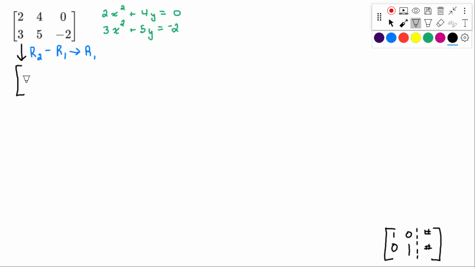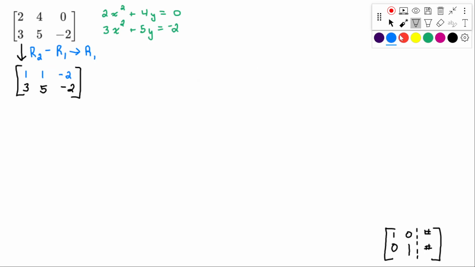So that second row is still going to be 3, 5, -2. It's not going to go anywhere, but the values in that first row, that top row, are going to change. So let's do 3 subtract 2 is 1, 5 subtract 4 is 1, -2 subtract 0 is -2.